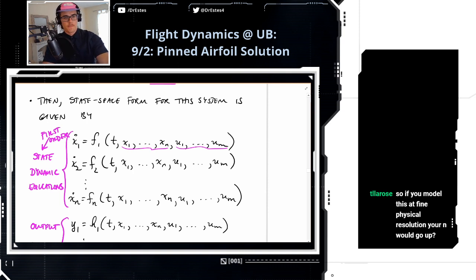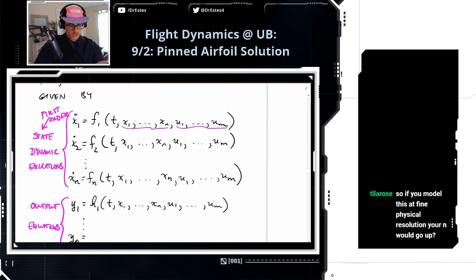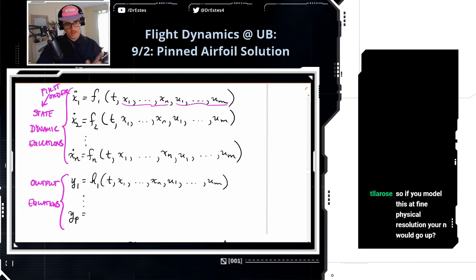So all of these first order x1 dot, x2 dot, xn dot, those are our state equations. They're first order. Now our output equations, those could also be nonlinear functions of the states and the inputs. And let's just do one example of that. So this function, we're just calling it h, of x1, all the states.